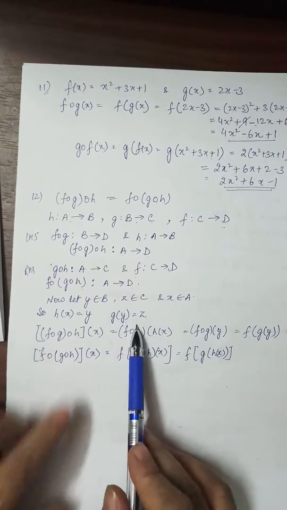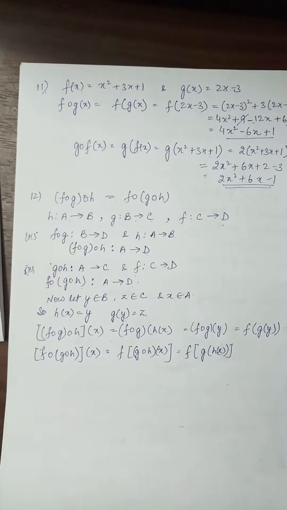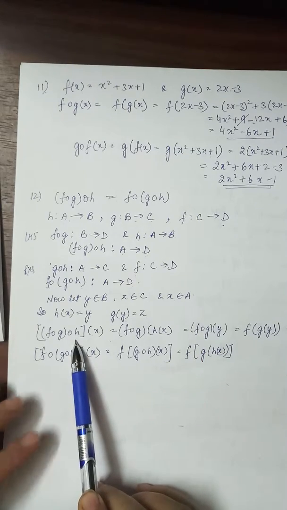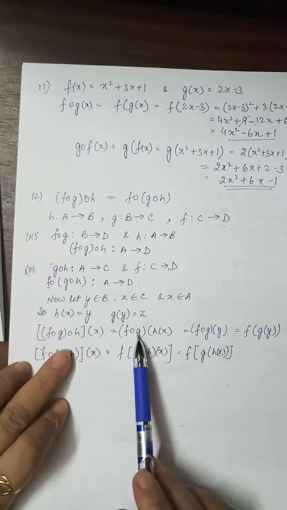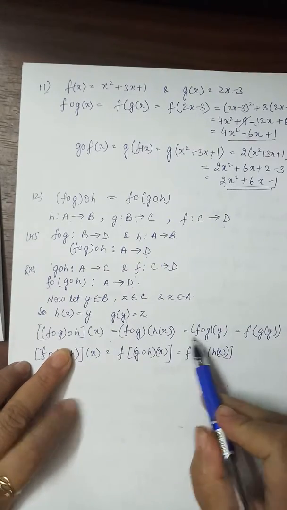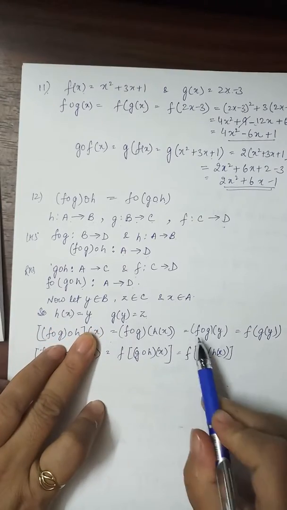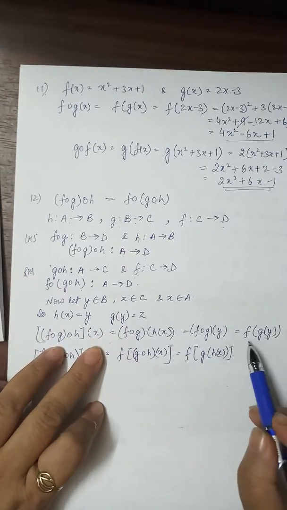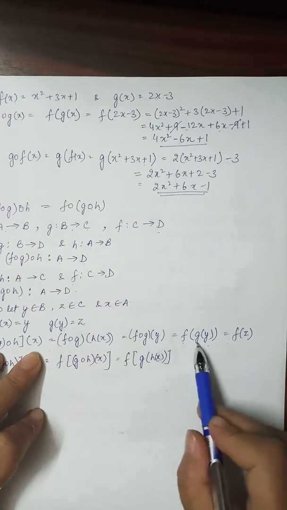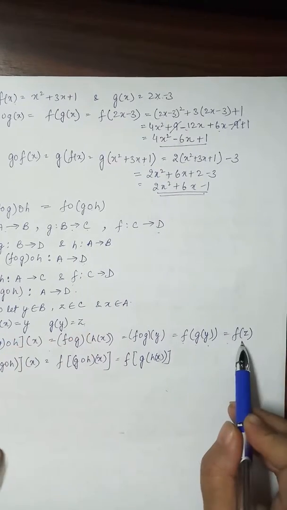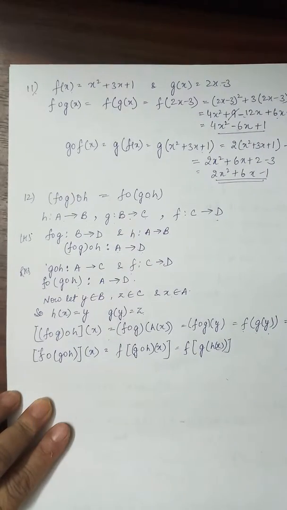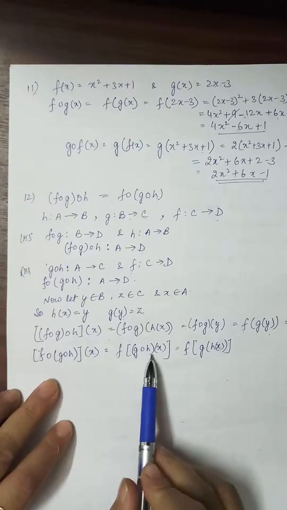We are only defining these two functions because we need not define f right now. Now (fog)oh of x can be written as f(g(h(x))), right? Here h(x) is what? y. So f(g(y)), which is equal to f of g(y), and g(y) is z, so f(z).